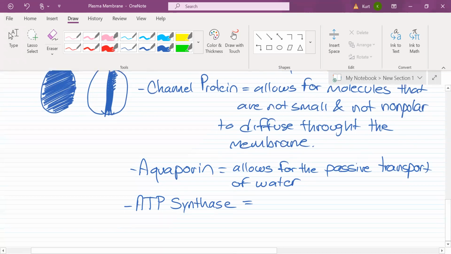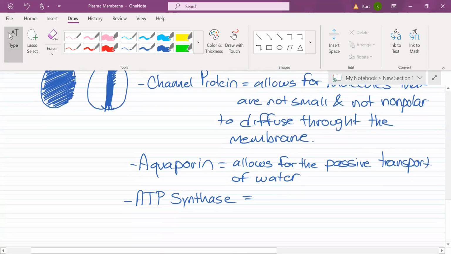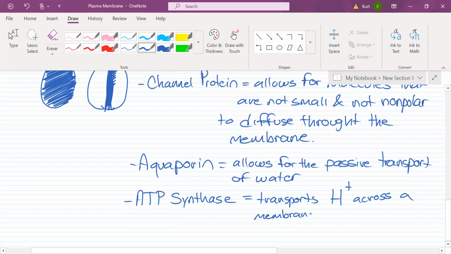It's a protein. It transports hydrogen ions, which are H+, hydrogen atoms with a charge, across a membrane to synthesize ATP.